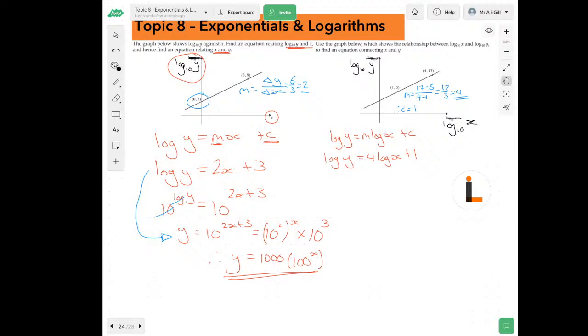So we've got that first part done, again relating log x and log y. Now we need to turn it into just x and y. So think about what we did on the left hand side here to go from log y to y.